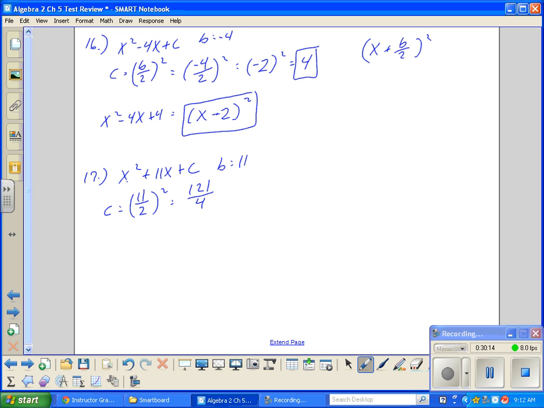So it would be x squared plus 11x plus 121 fourths. So that's the c value. And then if we write that as the square of a binomial, it's x plus b over 2. So x plus, and the b over 2 was 11 over 2, squared.